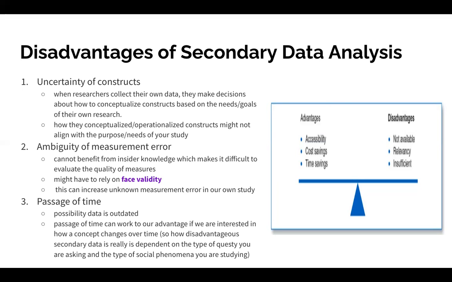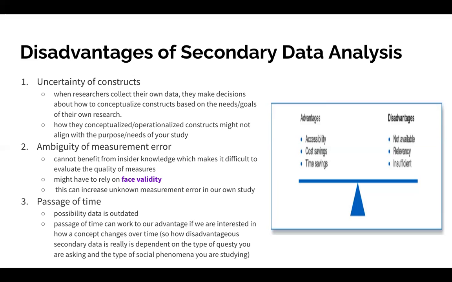Were there any measures that did not capture the data in such a fashion that it aligned with how you imagined that it should? These types of measurement errors, when you're using secondary data, are largely going to be unknowable. So that's what they mean by ambiguity of measurement error.